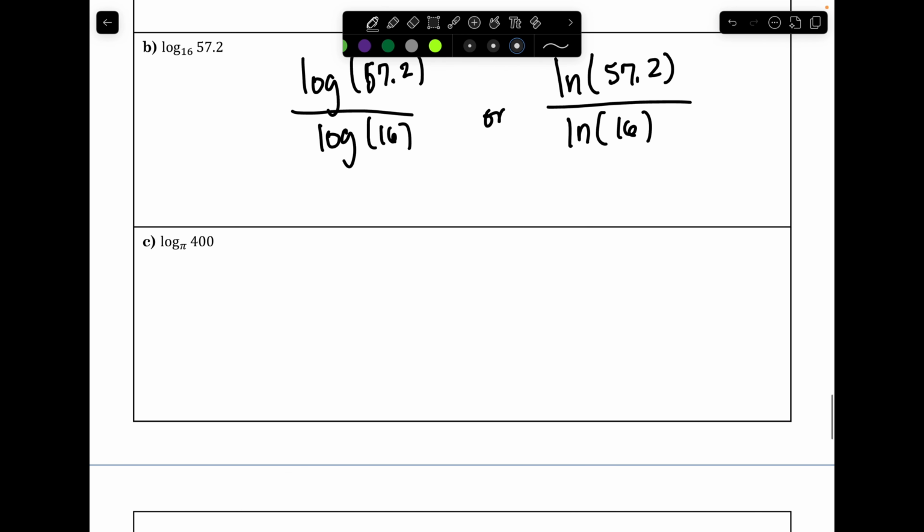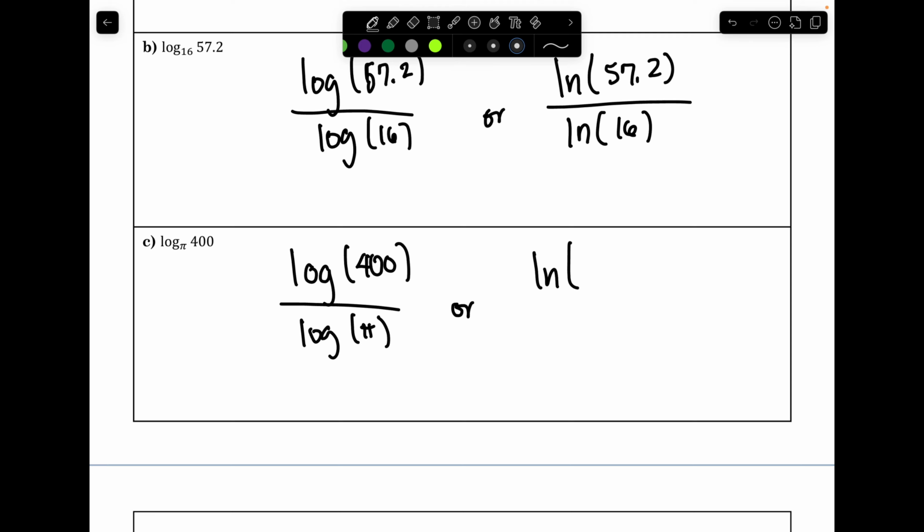And finally, the last example, the common log of 400 divided by the common log of pi, or another acceptable answer is the natural log of 400 divided by the natural log of pi.